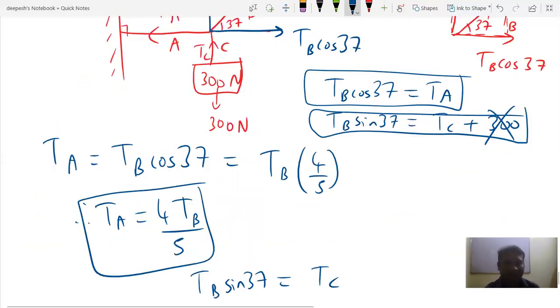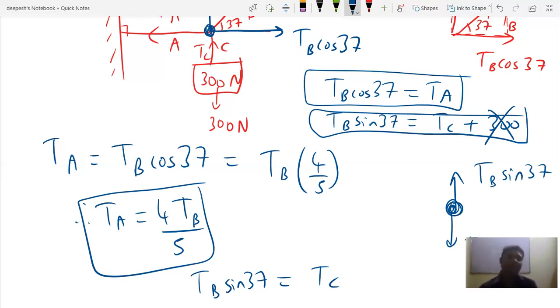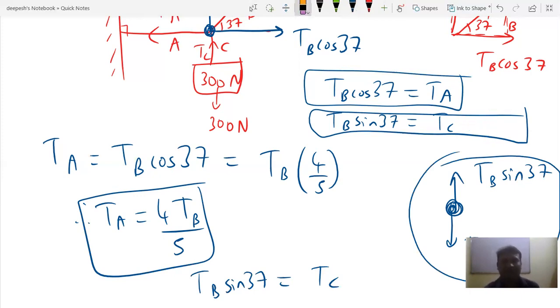In this part here, we have in upward direction TB sin 37, and in downward direction we have TC. So these are the only forces at this point. So 300 Newton here will be in the free body diagram of the 30 kg block. So here we will have a force balance of TB sin 37 and TC. So our equation will be like this: TB sin 37 equals TC.